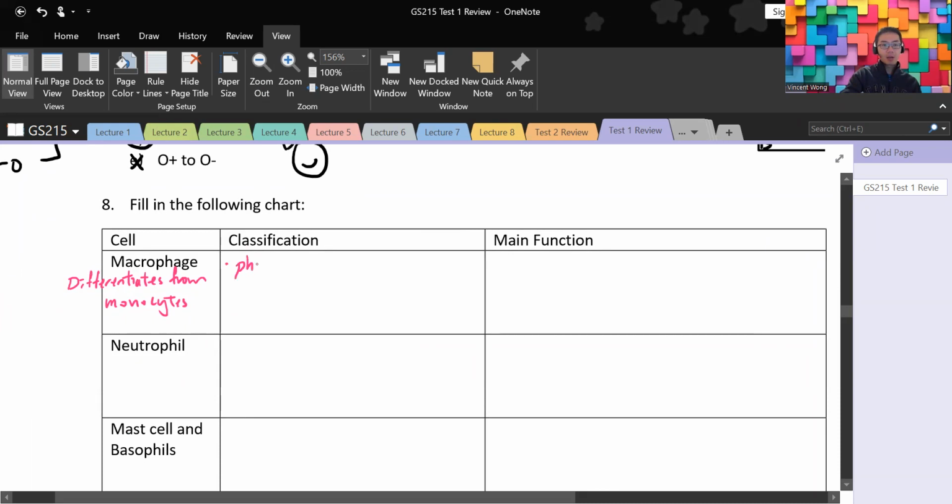It could be a phagocyte, meaning it is capable of doing phagocytosis. It is also an antigen presenting cell, an APC. And we can also say it is an agranulocyte.